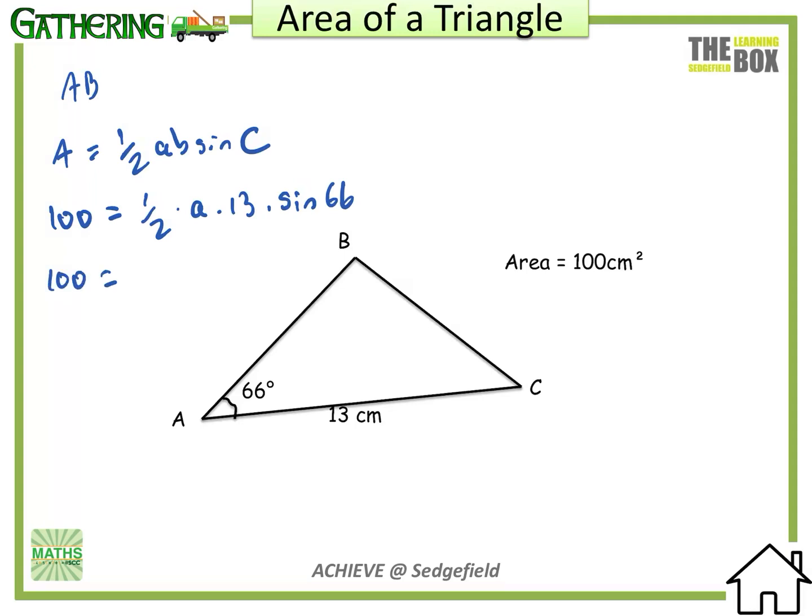In my calculator, a half times 13 times sine 66 gives me about 5.938, and then I'd have to times that by a. So simply divide both sides of the equation by 5.938, so 100 divided by the answer, and I get that a is equal to 16.8 centimetres to 3 significant figures. Hope that makes sense. Sometimes you have to work backwards with these formulas and solve the equation.